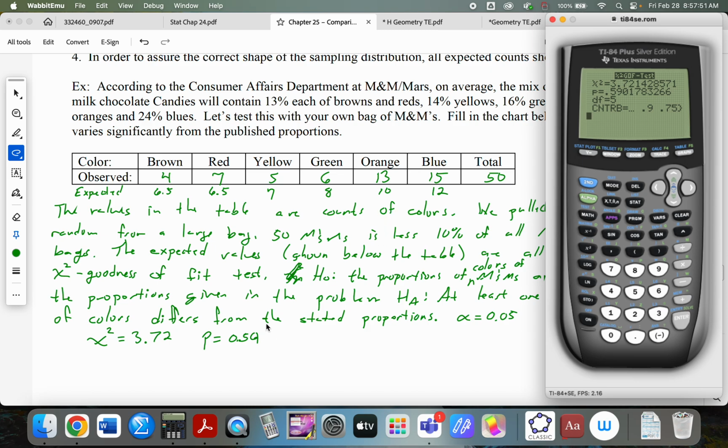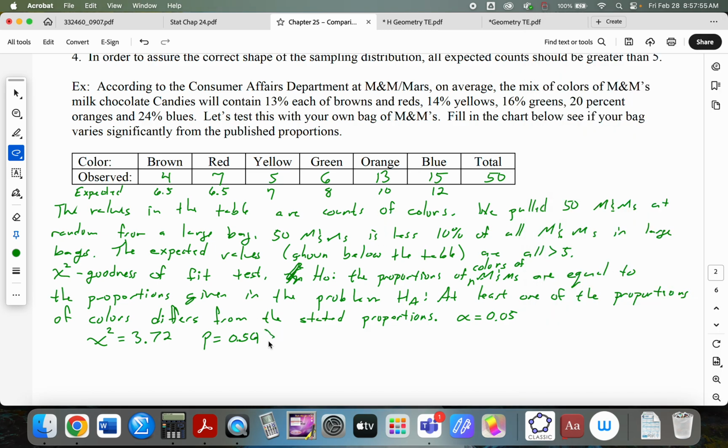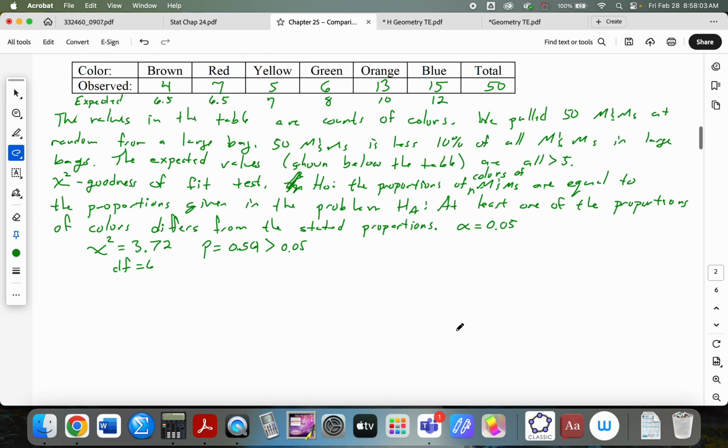But this p-value is pretty high. This is greater than 0.05 certainly. The degrees of freedom is equal to 5. So here we will reject the null. Oh, sorry, we failed to reject the null.